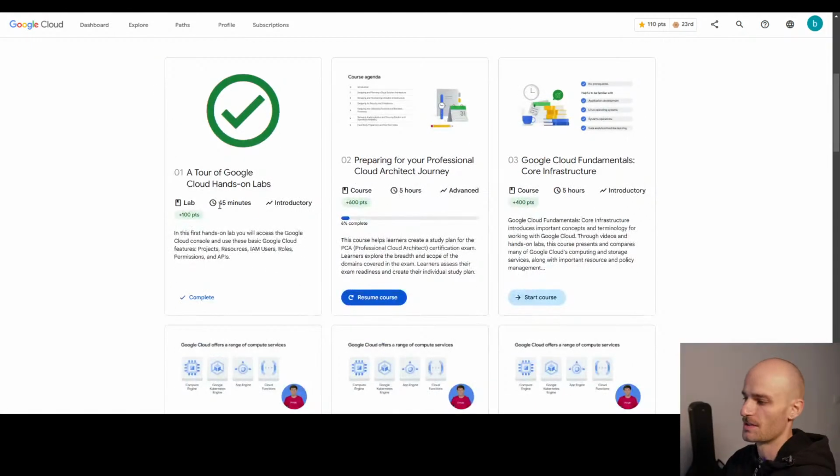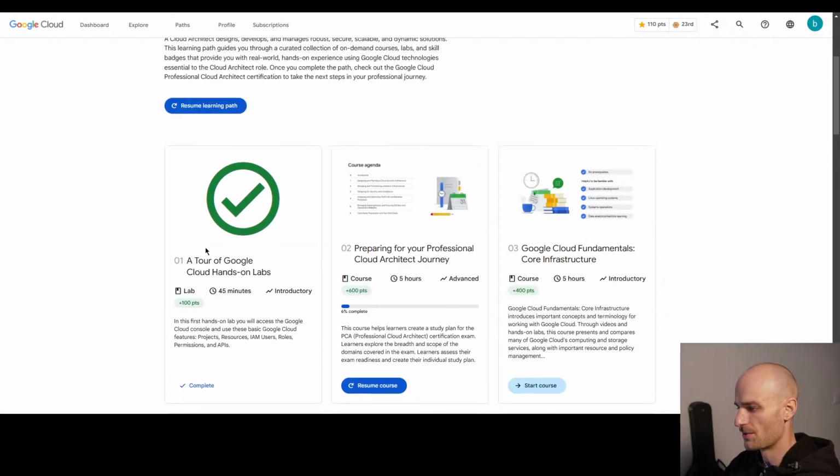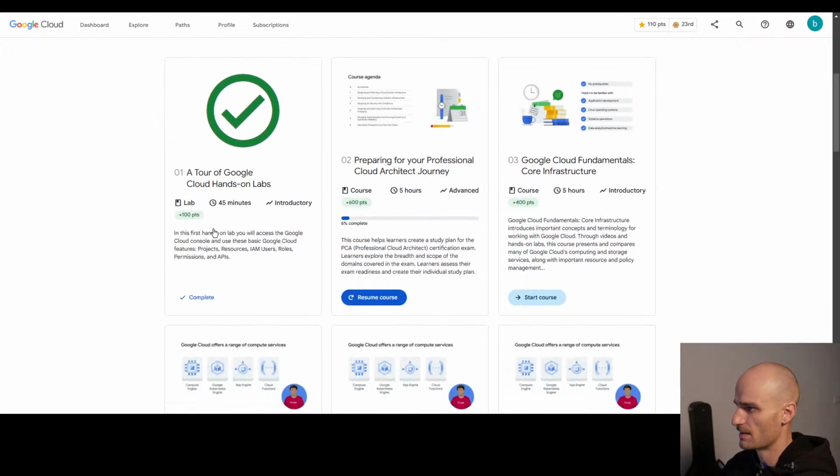The first course is just about how the hands-on lab works. So I had an overview of how this learning environment is connected to my GCP console, which is not connected to my GCP console actually.